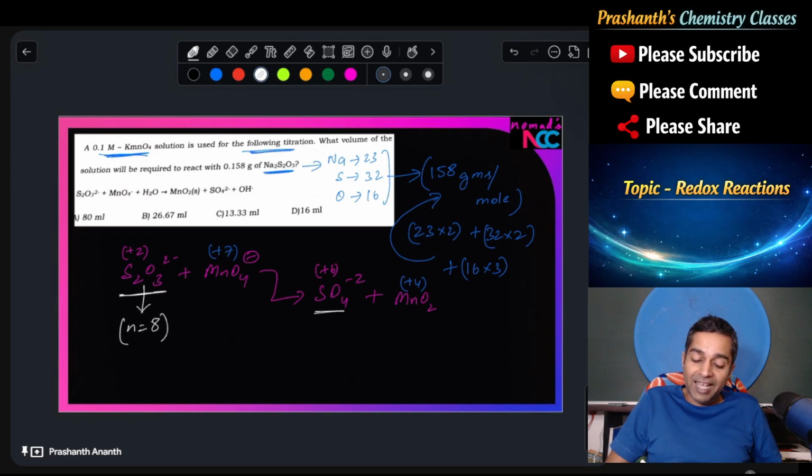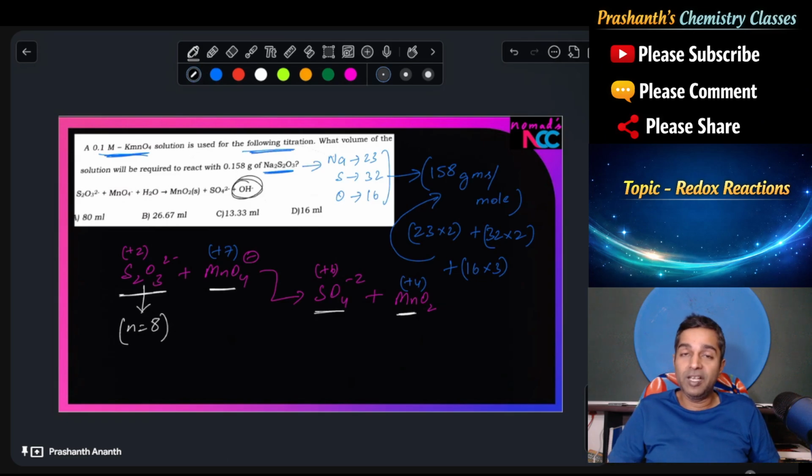Next up, the MnO4 minus is going to become MnO2 in this reaction. As you can see here, it is in a slightly basic medium, which is why it goes into MnO2. If it is a strongly basic medium, it will go into MnO4 2 minus. Since they have not mentioned it, we can guess that it is a mildly basic to neutral medium, which is why it becomes MnO2 here.